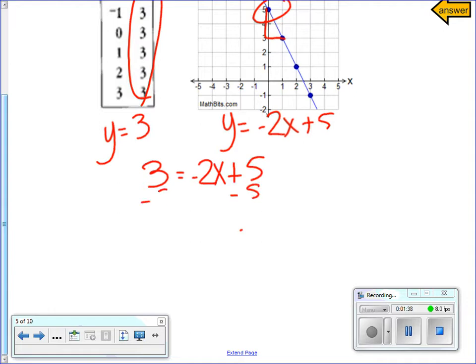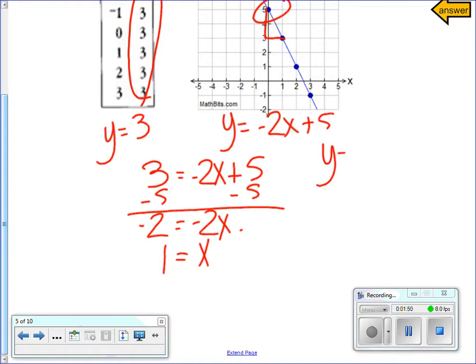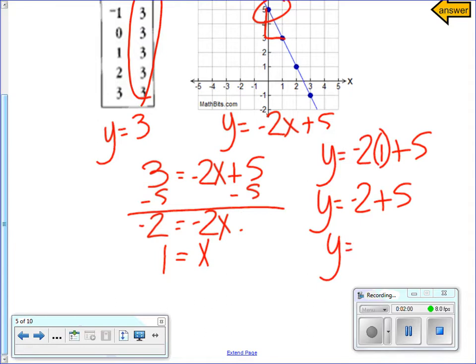Subtract 5 from both sides. We get negative 2 equals negative 2x, so x is equal to 1. And we need to substitute in order to find y, so we'll put it in here. y equals negative 2 times 1 plus 5, so y equals negative 2 plus 5, so y is equal to 3. So my answer is (1, 3).